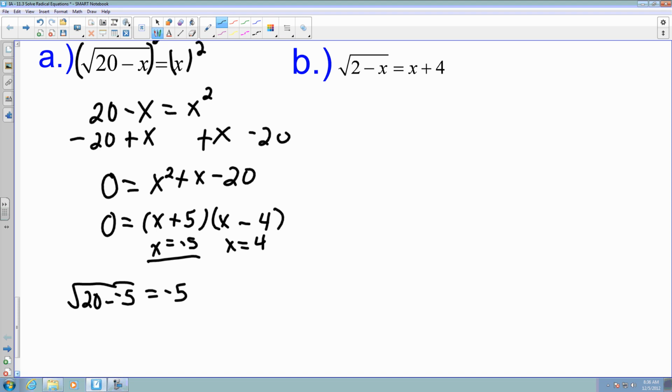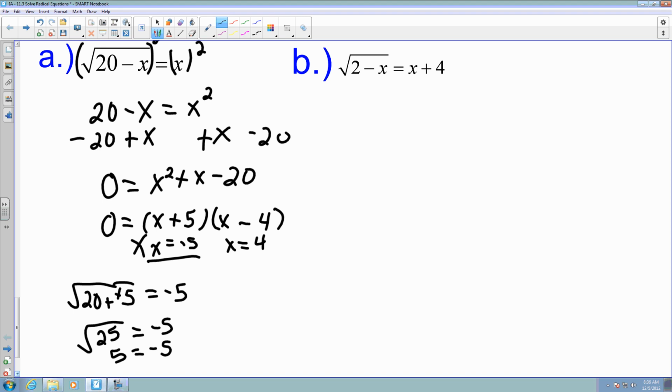So I have plus plus, and that gives me the square root of 25 equals negative 5. The square root of 25 is just 5, and 5 equals negative 5. Well, in this case, this comes out as no solution, because 5 cannot equal negative 5.